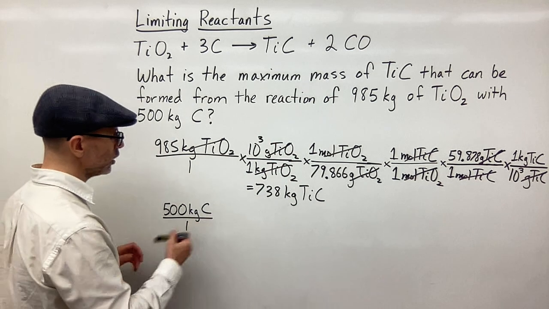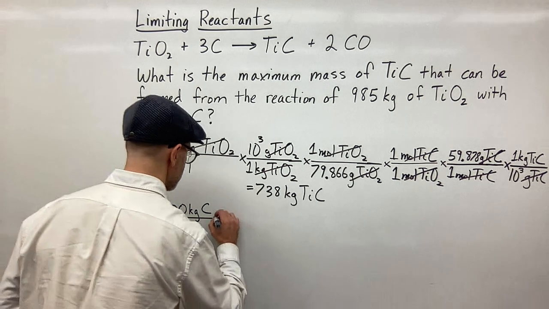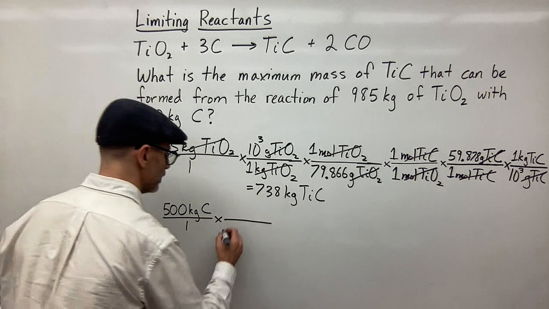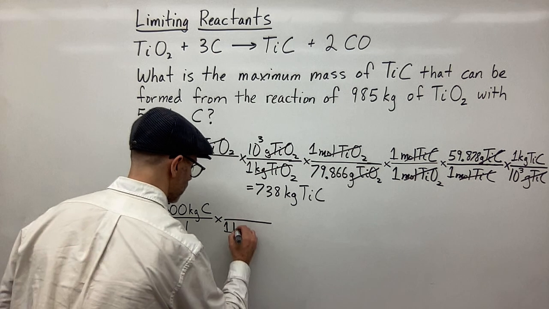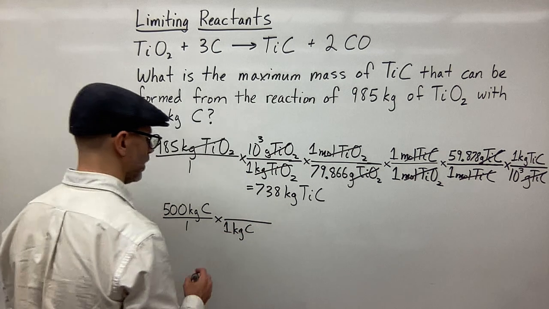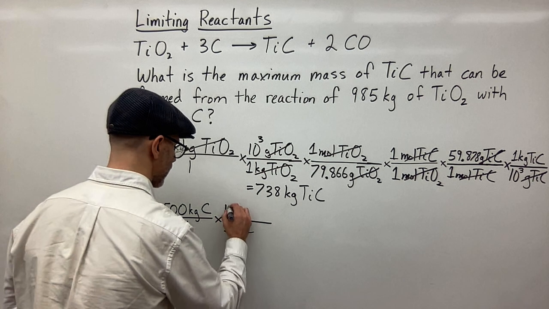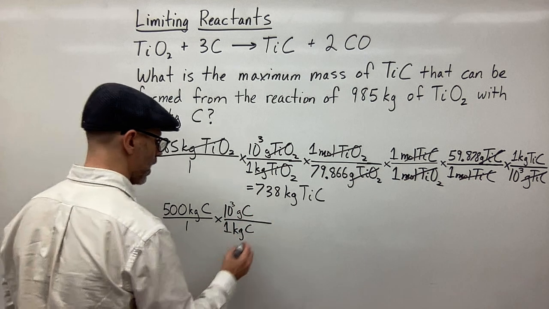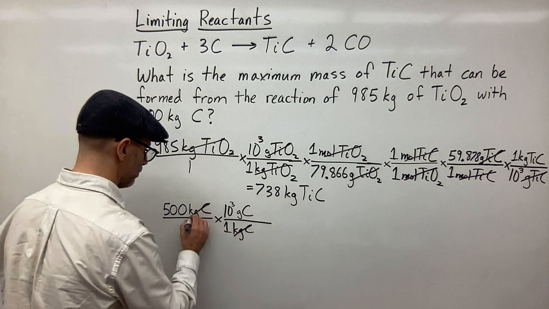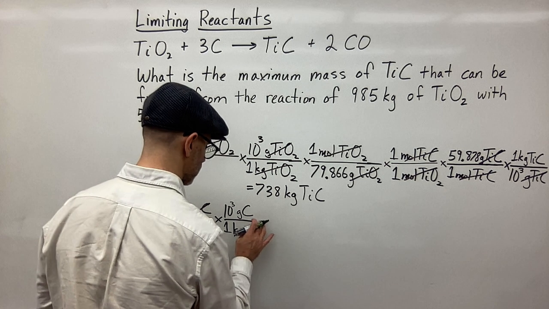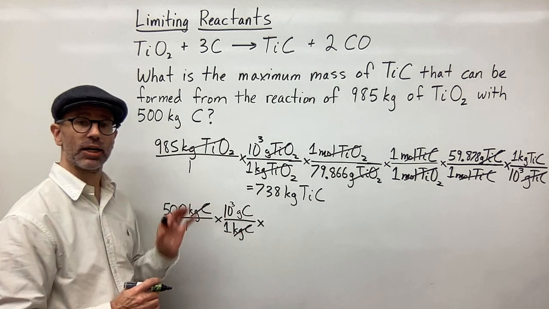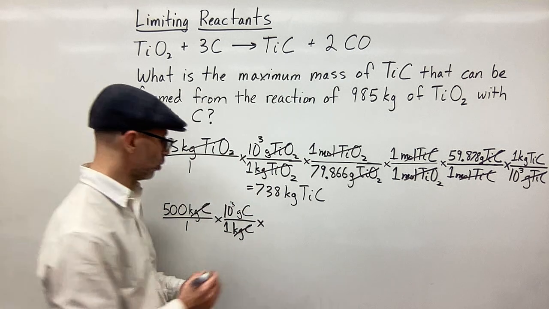To convert kilograms of carbon to grams, again, I'm going to use 1 kilogram is equal to 1,000 grams. So I'm going to put 1 kilogram of carbon on the bottom, 10 to the third grams of carbon on top. So kilograms cancel out. Now that I have grams of carbon, I want to convert that to moles of carbon using the molar mass of carbon.